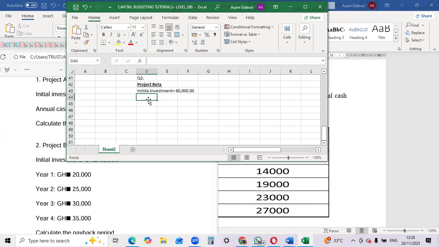So you have the year, because year one is the first year to be taken into consideration.